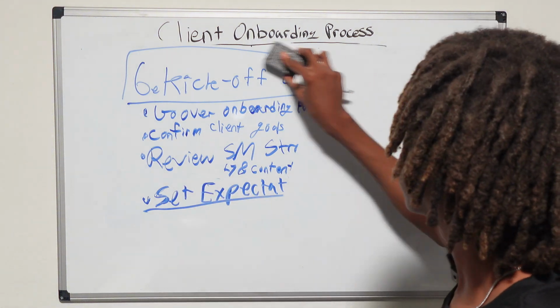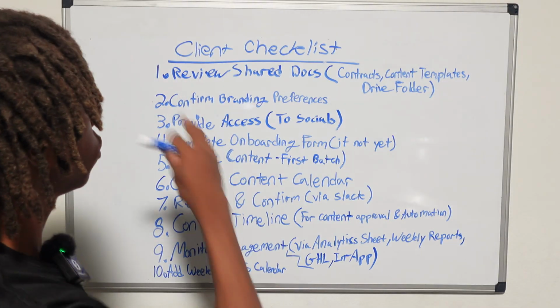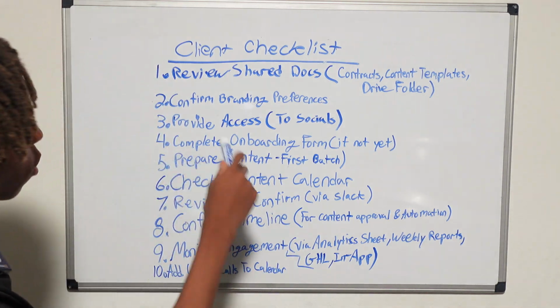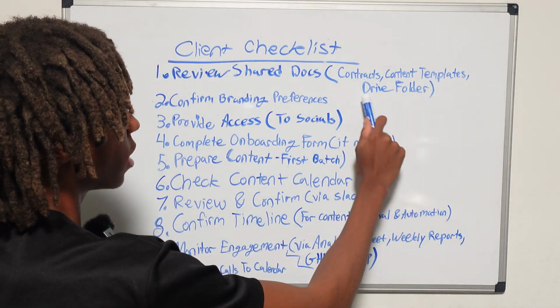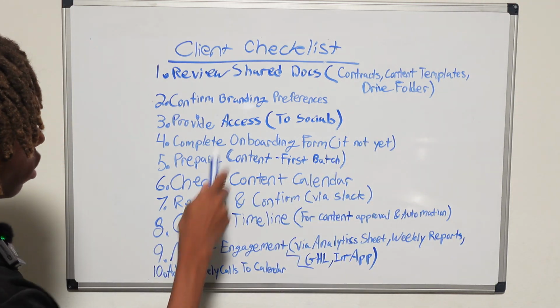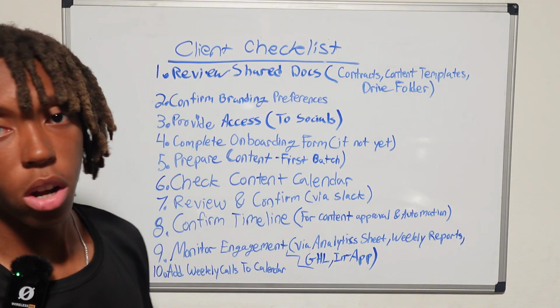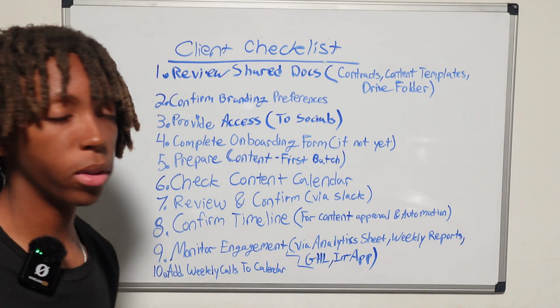Now I'm gonna erase this and I'm gonna talk about the checklist really quickly. All right, so I took some time and I actually wrote down the client checklist right after the kickoff call with us. So first, I want them to review all of the shared documents, the contracts, the content tablets, and the drive folder. Second, I want them to confirm the branding preferences. So whether we're gonna be editing for them or maybe doing their photos for them or just posting for them, anything related to content.